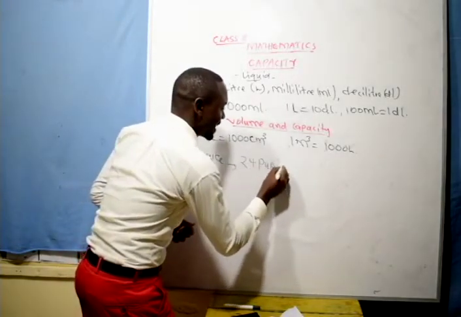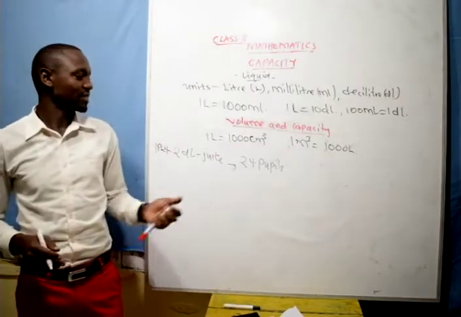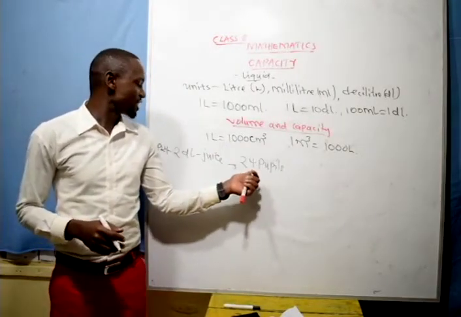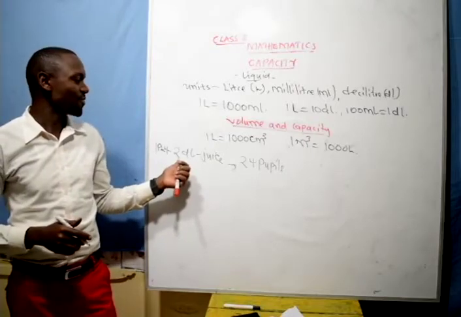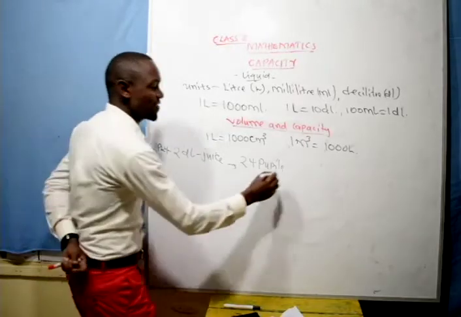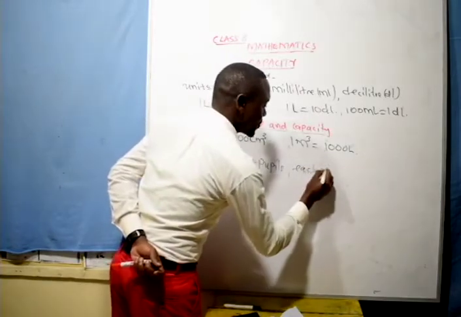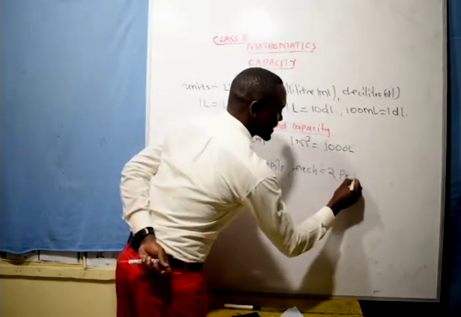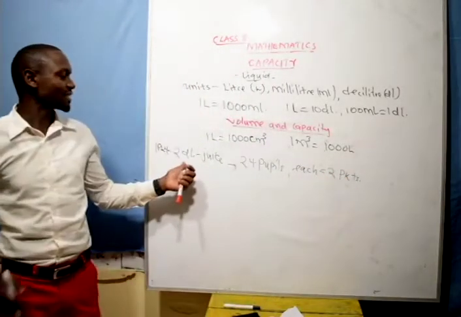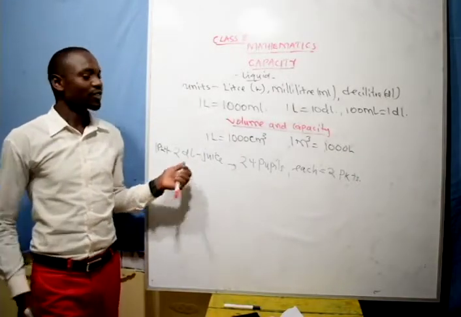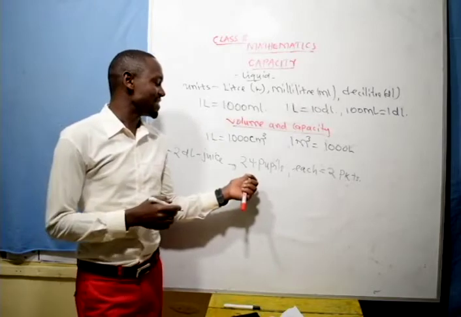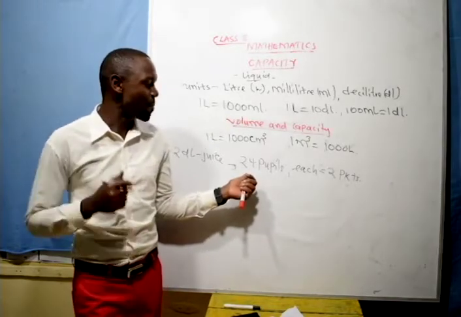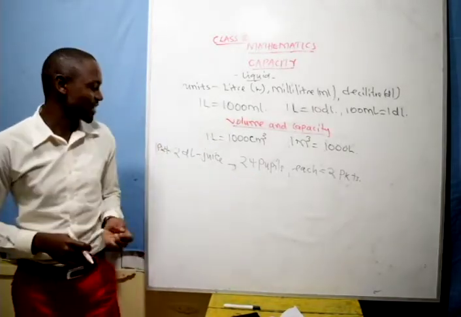Each pupil was given 2 packets, and remember, 1 packet holds 2 deciliters. Then the question asks, how many liters did the pupils take all together?